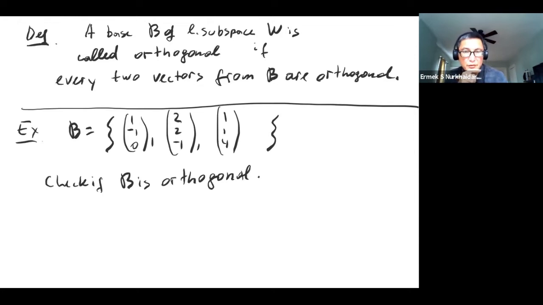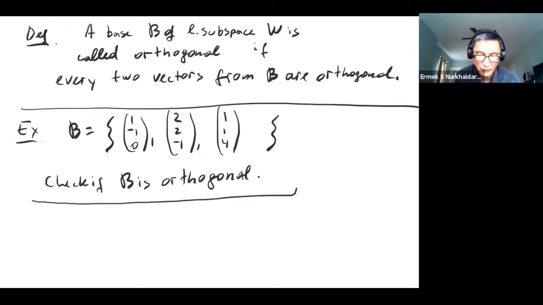So we want to check if B is orthogonal. Basically, we're going to check if every two vectors are orthogonal. So we're going to check the first and second, first and third, second and third. We're going to check if first times second equals 0, first times third equals 0, and second times third equals 0. So we're going to check the following three cases.